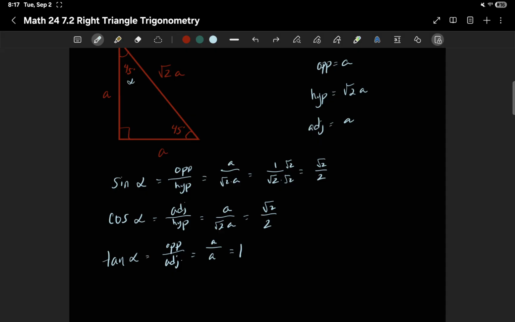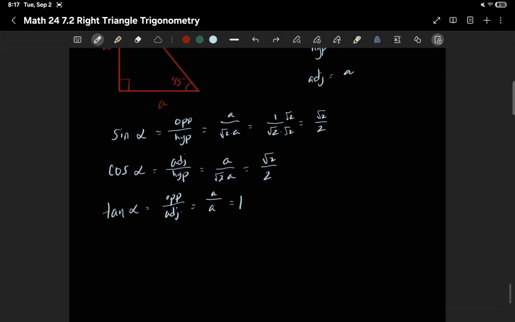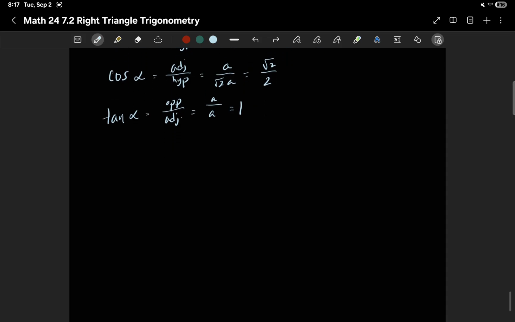But there is one more part of this section that we need to cover, which is using the trigonometric functions to find unknown angles or sides. Since we don't work too much with the angles yet, we'll just get right into it.